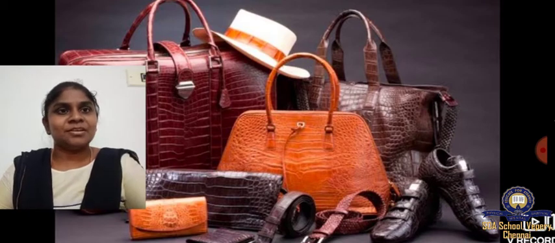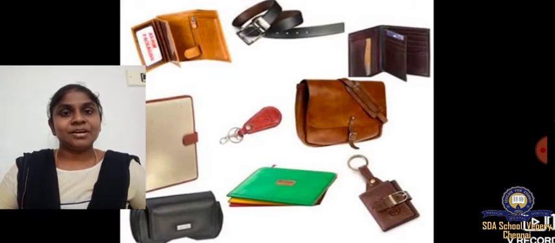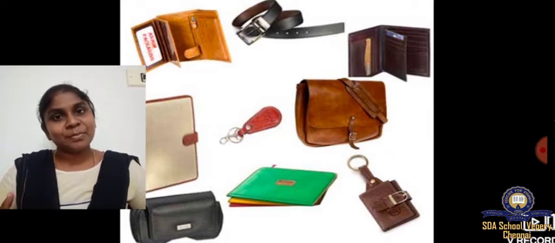Look at this picture. We are preparing so many things out of leather. Your parents may use leather handbags, purses, pouches, belts, shoes, and wallets. All these things are prepared from leather.